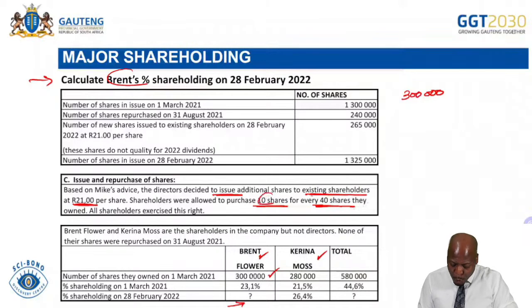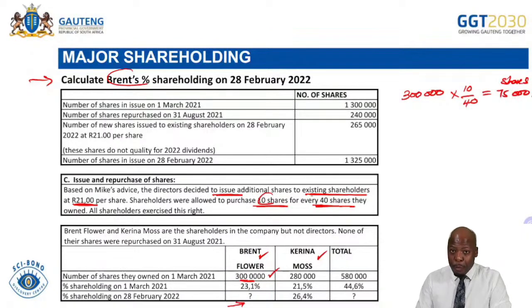So if Brent is owning 300,000 and is allowed to buy 10 out of every 40 that he owns, how many shares is he going to buy now? He's going to buy 75,000 shares. So he's going to add 75,000 more shares. How many was he having?